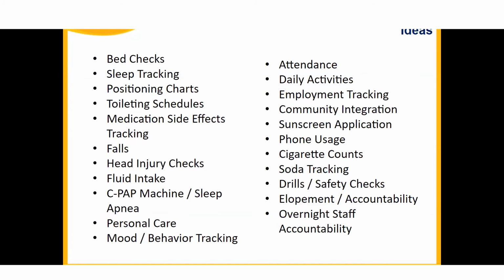And as you saw, not a lot of places for comments or descriptions. So some people decide ISP programs work a bit better for behavior tracking, but certainly anything that doesn't need a ton of description or comments by the users could be utilized within time tracking. So you can really get creative with it. Don't be limited to just falls or bed checks or sleep tracking. You can do a lot of different things with it.